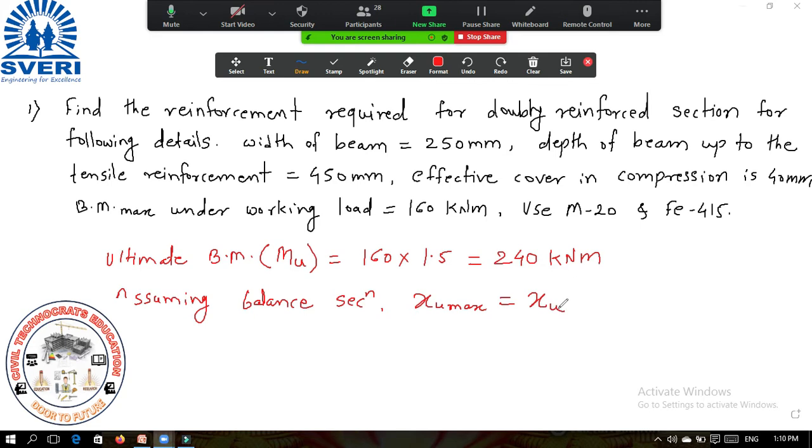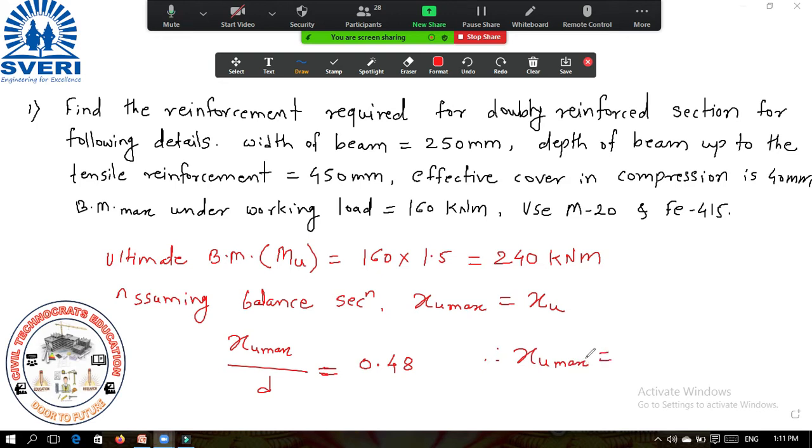Now we calculate Xu max. Xu max upon d for Fe250 is 0.53, and for Fe415 I think it is 0.48. Confirm this.